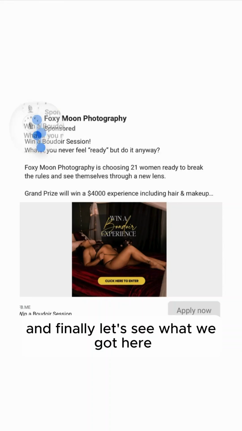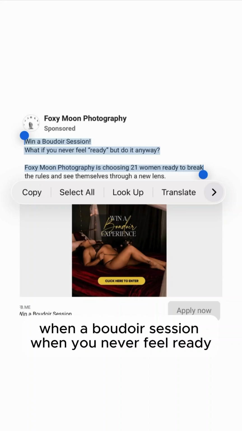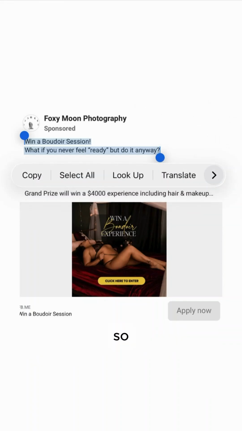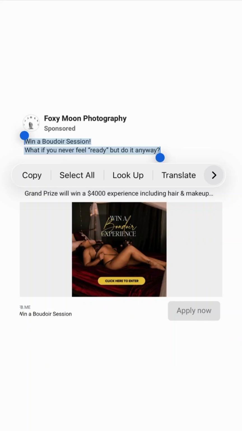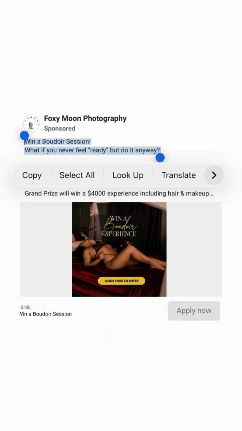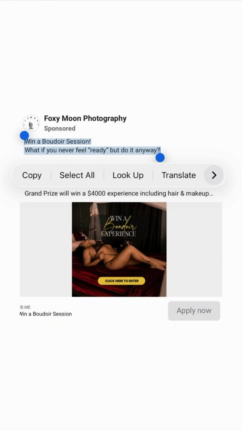And finally, let's see what we got here. In a Boudoir session when you never feel ready, but do it anyway. So looking at the see more headline here, first 2 3/4 lines, Facebook newsfeed mobile. When a Boudoir session, or if you never feel ready, but do it anyway. All right, yeah, lack of context mistake here. Most common thing that I'm seeing the most of.